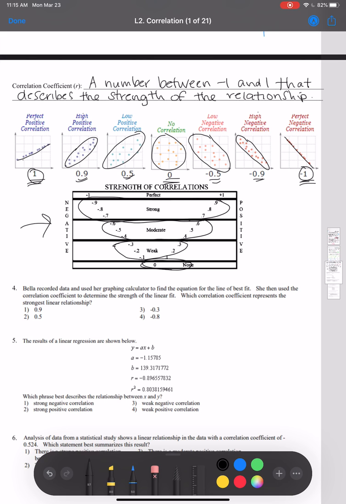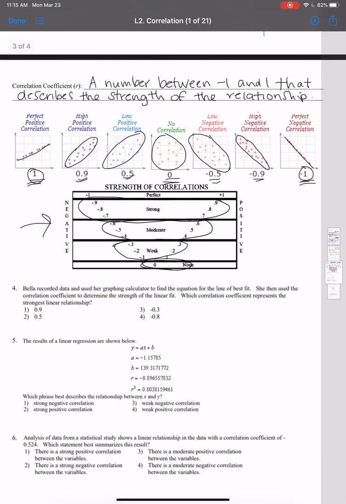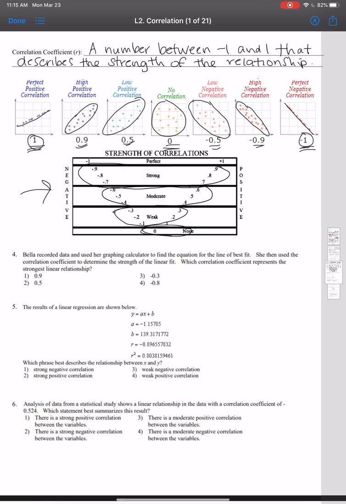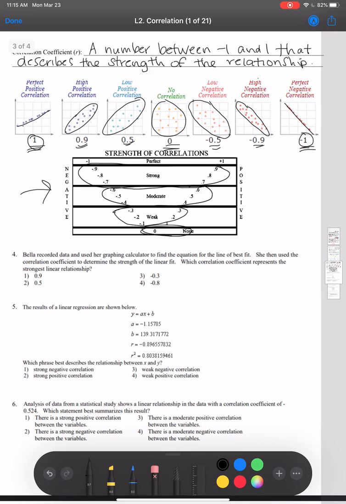So if we practice with these numbers, number 4: Bella recorded data and used her graphing calculator to find the equation of the line of best fit. She then used the correlation coefficient to determine the strength of the linear fit. Which correlation coefficient represents the strongest linear relationship?